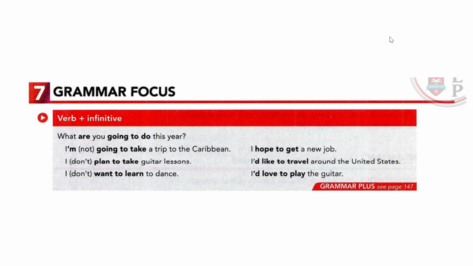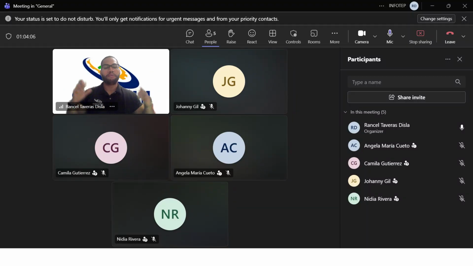Okay, the last grammar. This is short. We have been talking about going to and present continuous for the future, but there's something else. Some verbs in English by themselves have a future intention.